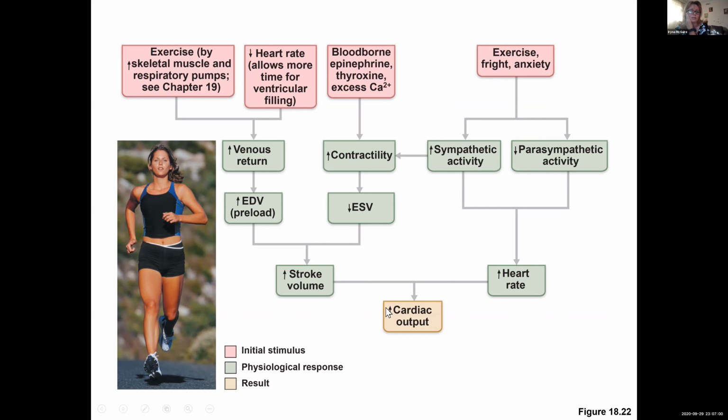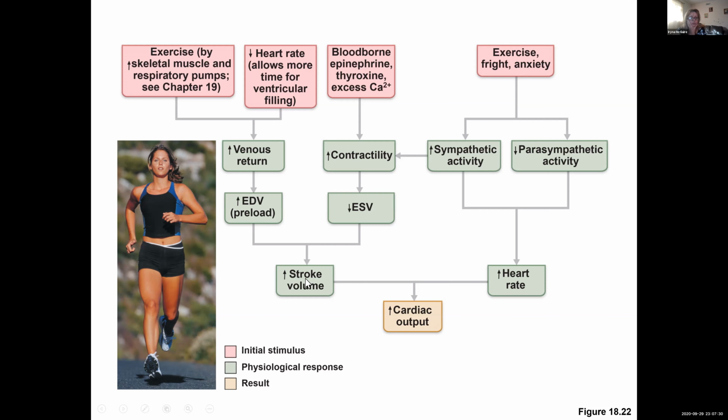So to increase cardiac output, we need to increase stroke volume and heart rate, because cardiac output is stroke volume multiplied by heart rate. Now, to increase heart rate, we use what? Sympathetic activity. Parasympathetic decreases it. So if we want to increase cardiac output, we need to increase sympathetic and decrease parasympathetic activity. And this is done by exercise, fight, anxiety.